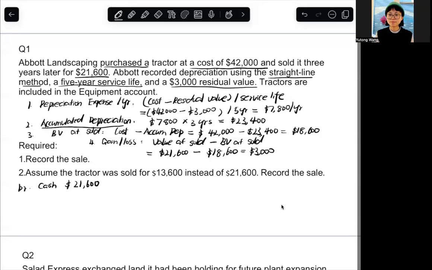Originally, an increase of accumulated depreciation we use the credit, and now we use the debit to just decrease it. So accumulated depreciation 23,400, and the credit, the asset, tractor.